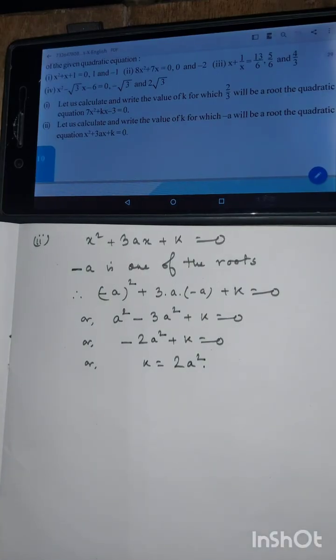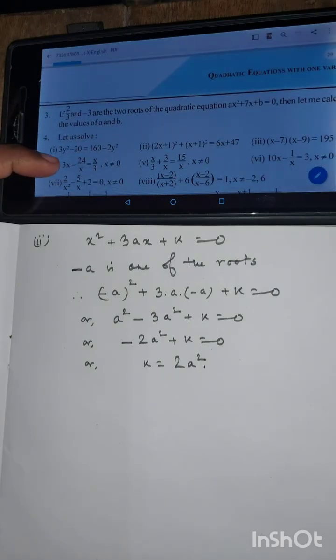So the value of k should be 2a square. Now let us move to our next question.